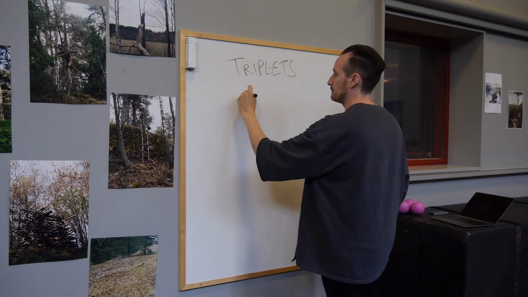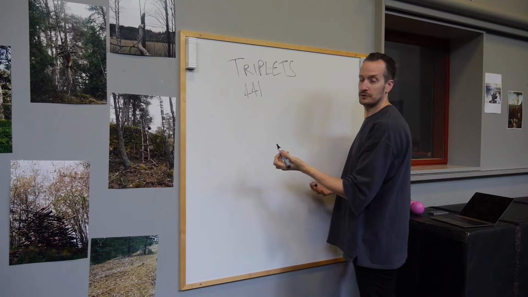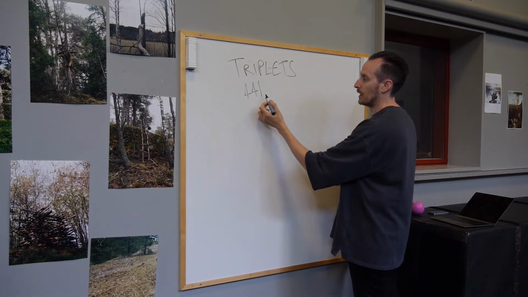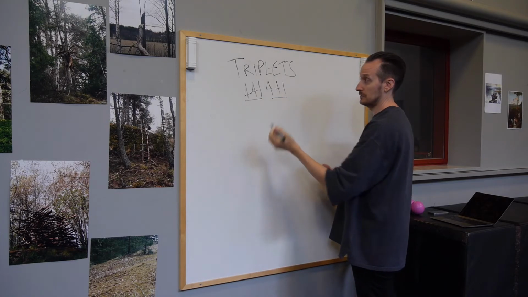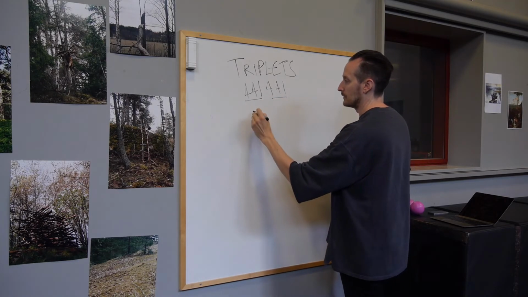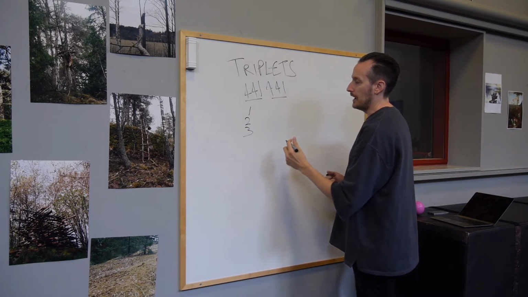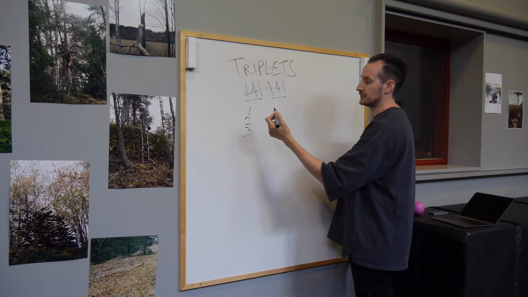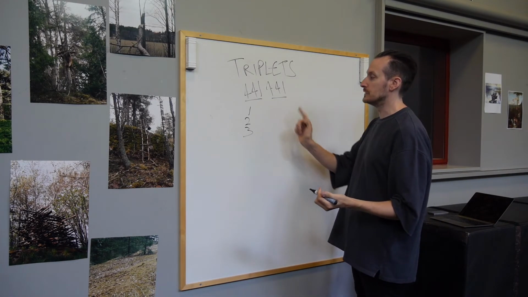So for now, we're going to use the pattern 4-4-1, because in 4-4-1 we have 3 different throws before it loops. So we have the one that we can tell when the next cycle is coming. So we have 3 throws, and it means we're going to count those 1, 2, 3. And then we're going to step on every 4th beat, which means it's going to cycle through these 3 beats.